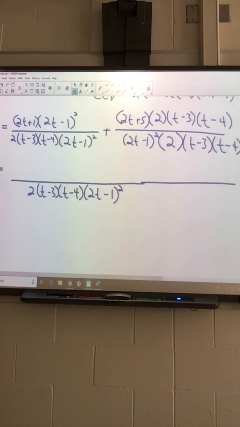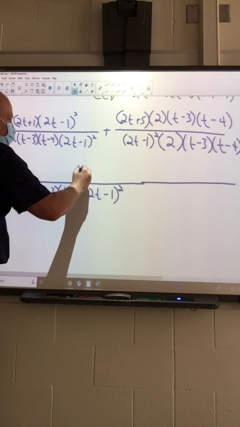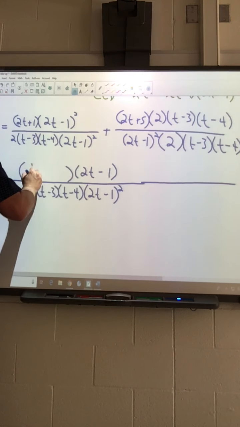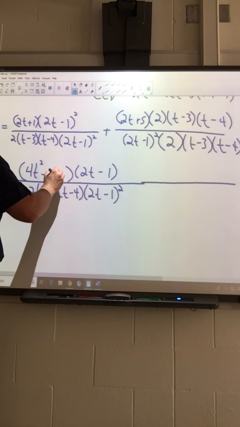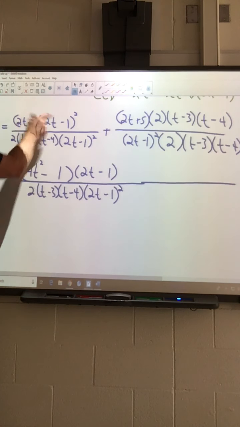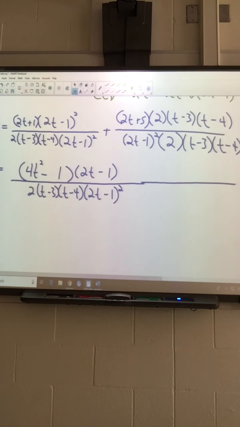Oh, no, wait. Maybe what I should do is I should go 2t plus 1 times 2t minus 1. Because that's the difference of squares, right? And go 4t squared minus 1. Because 2t plus 1 times 2t minus 1, see it's plus and minus? Okay, that turns into a binomial.